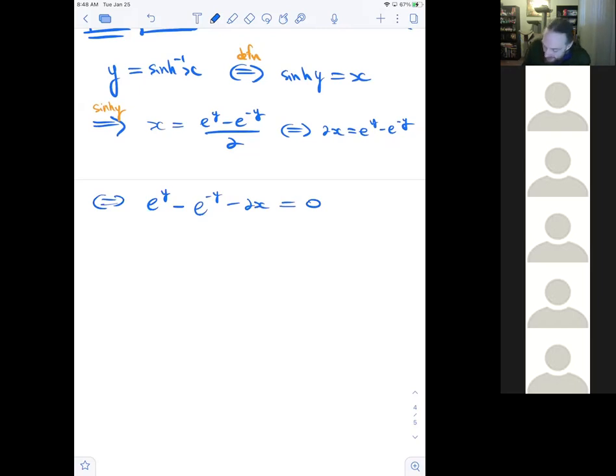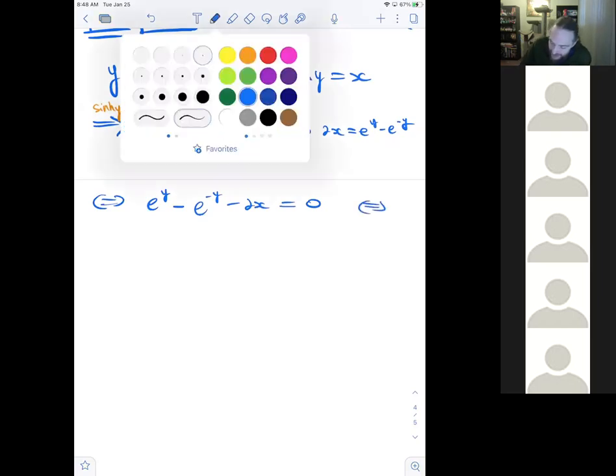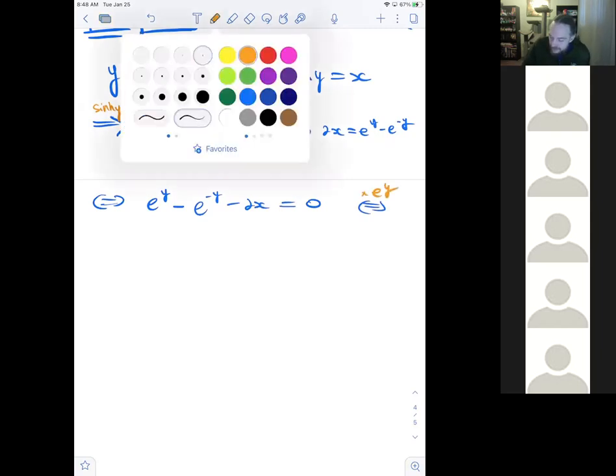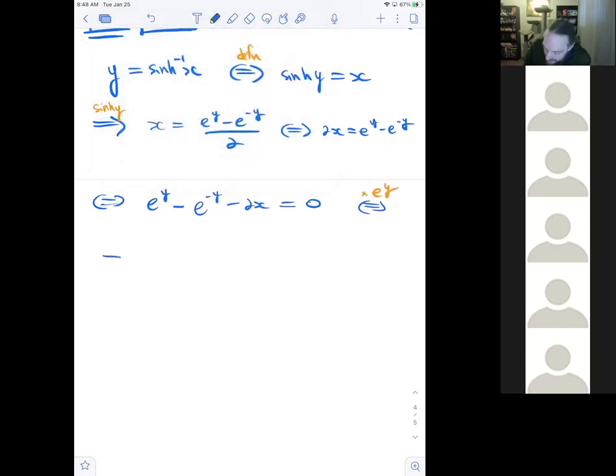If I multiply by e to the y, we're going to get e to the 2y, or e to the y squared, minus 2x times e to the y minus 1 equals 0. So I have a quadratic in e to the y.